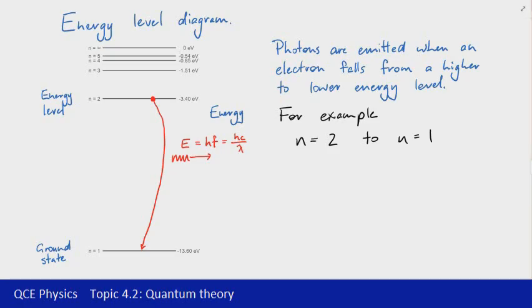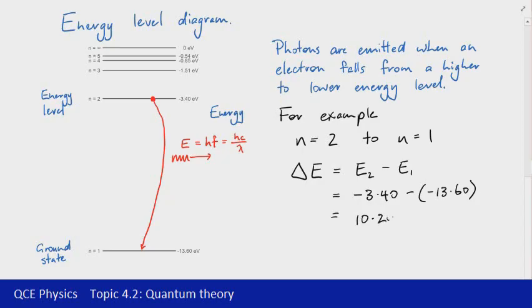Now, if we look at the amount of energy that's being radiated off, we'd have to look at that change in energy. And for this calculation, we're just going to look at the higher energy level minus the lower energy level. We can figure out what that's equal to by substituting in negative 3.40 minus negative 13.60. We end up with a value of 10.20 electron volts.